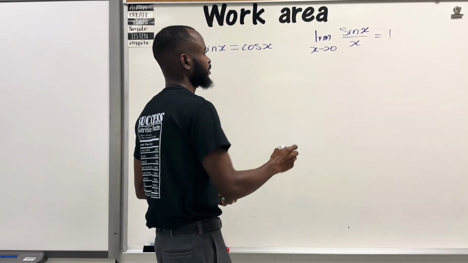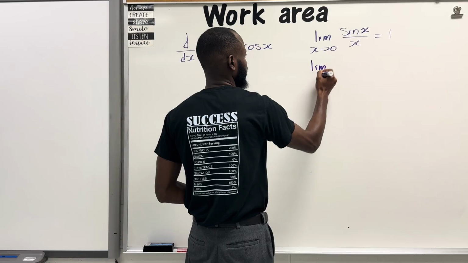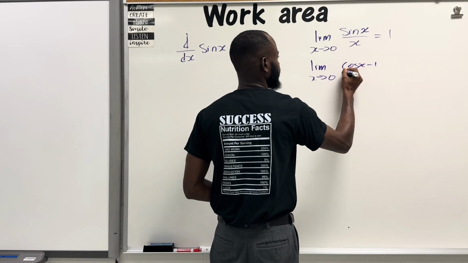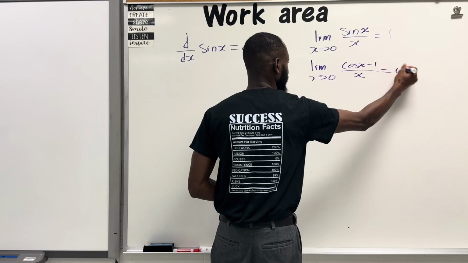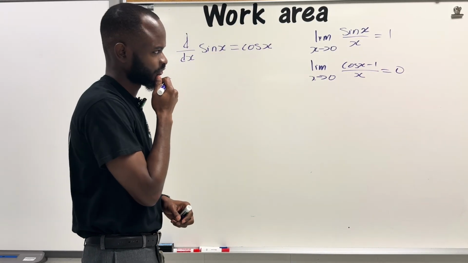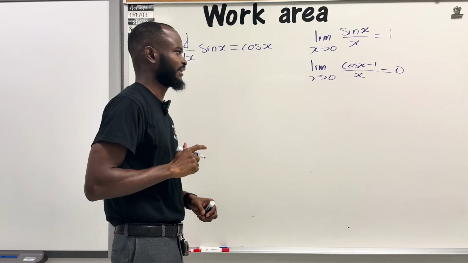And we're also going to recall that the limit as x tends to 0 of cos of x minus 1 over x is equal to 0. Hope I got that one right, but I think it's right.